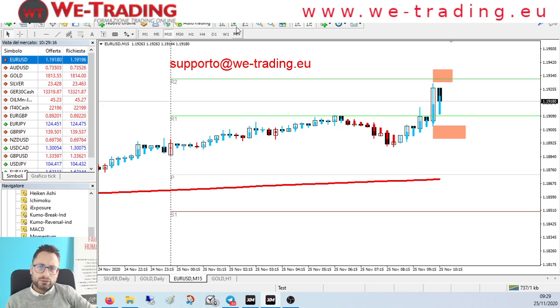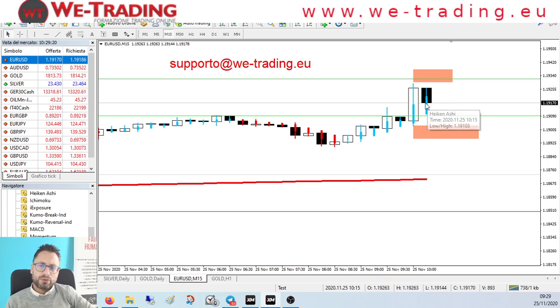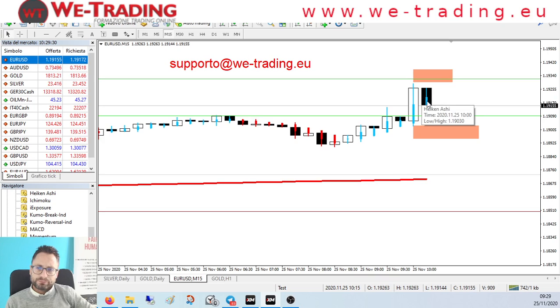If you open the candlestick chart, you can see two types of color in some candles. For example, for now we have a black candlestick but a blue Heiken Ashi.